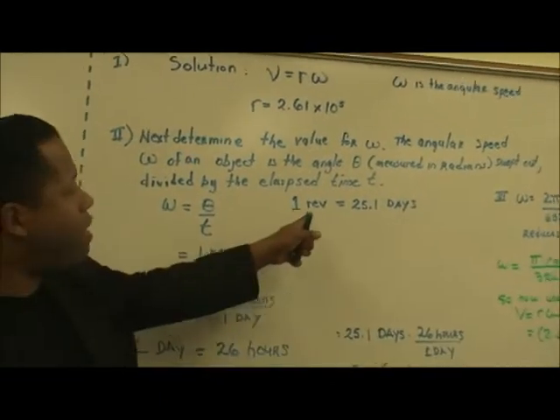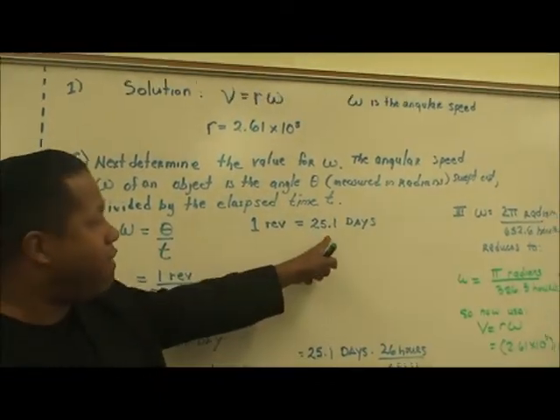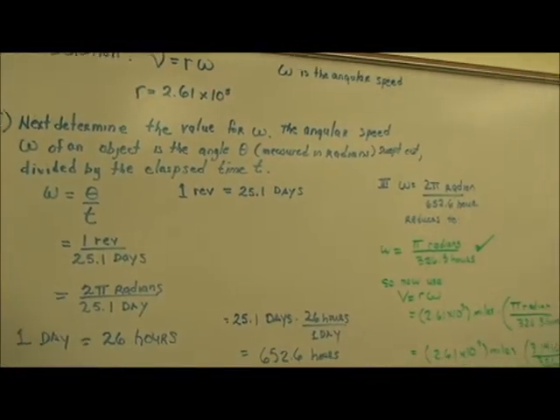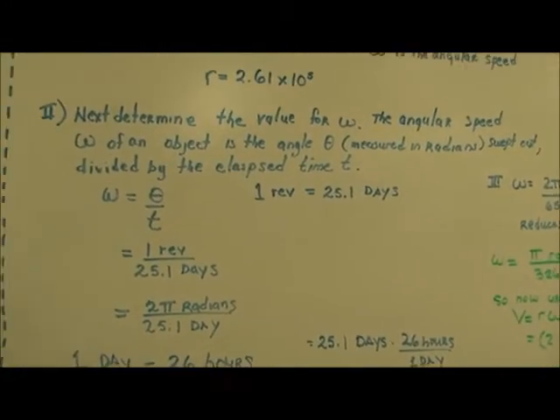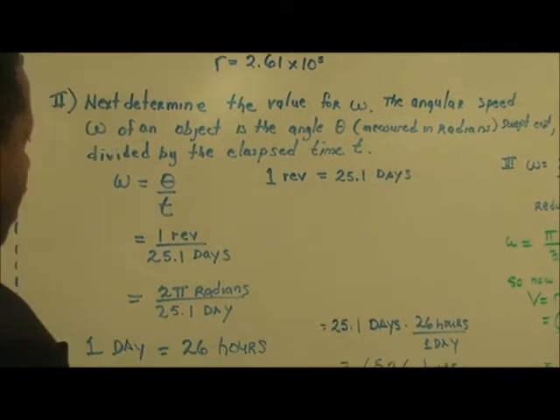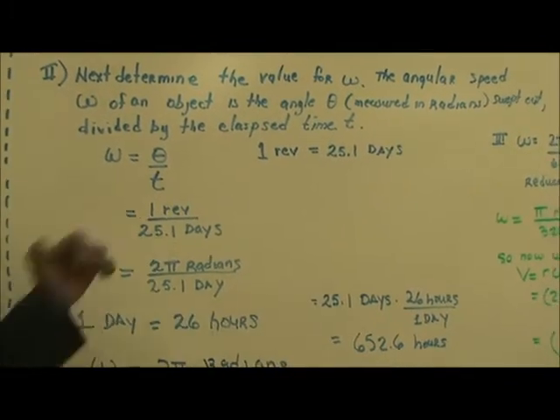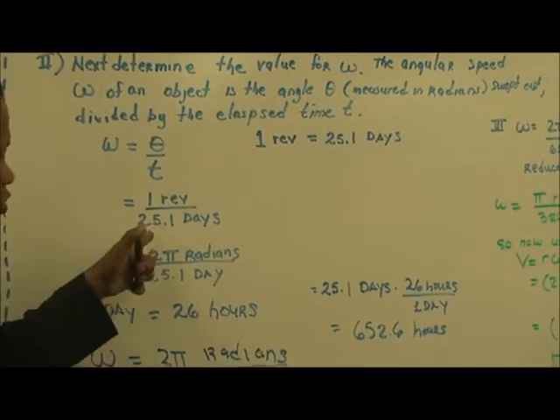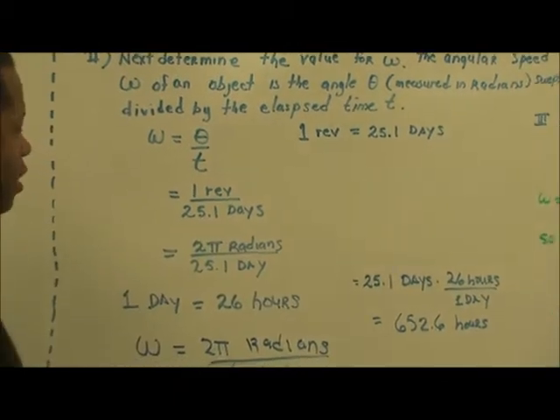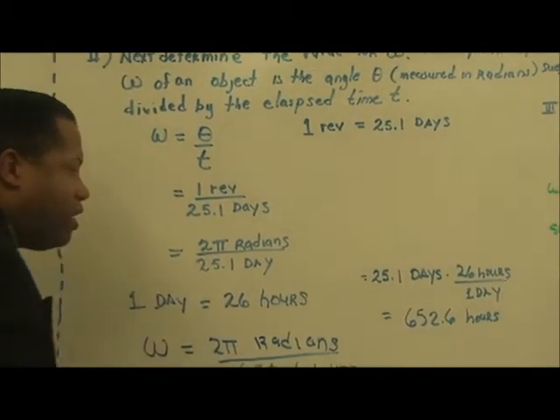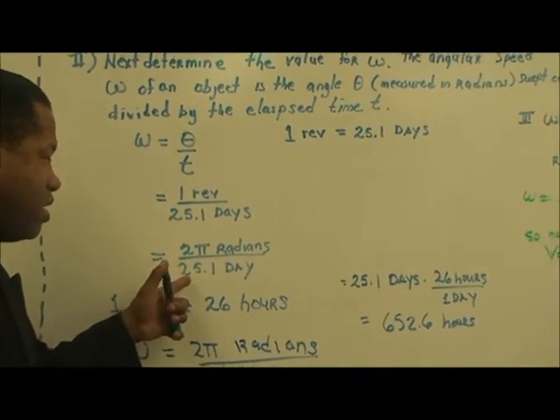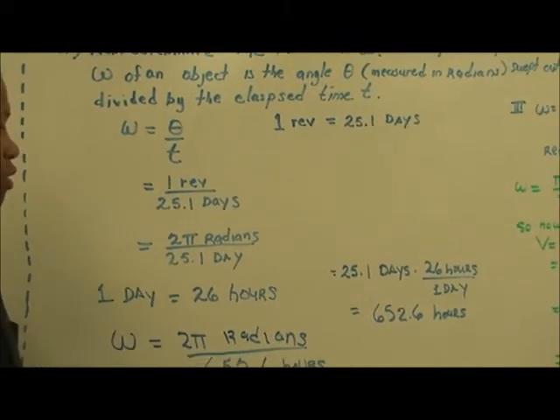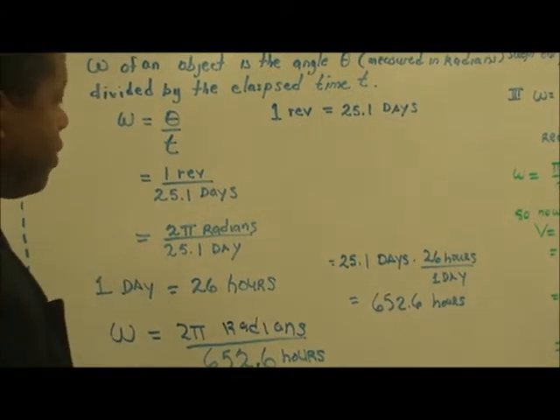And remember, one revolution is equal to 25.1 days. Now, at some point, we have to convert days to hours. So remember your ratio. One revolution is equal to 25.1 days. So that means that 2 pi radians is equal to, or divided by, 25.1 days.